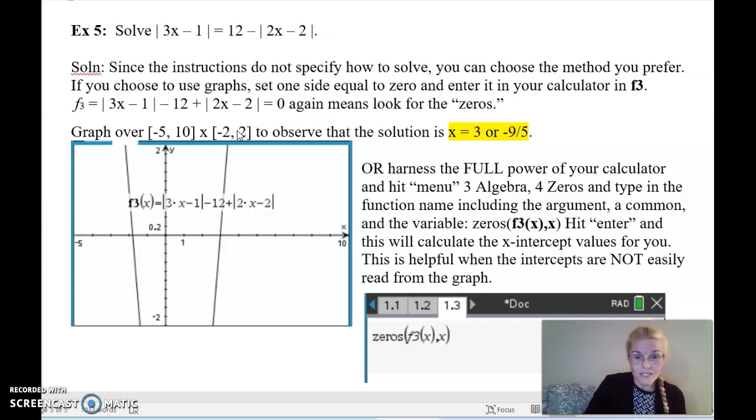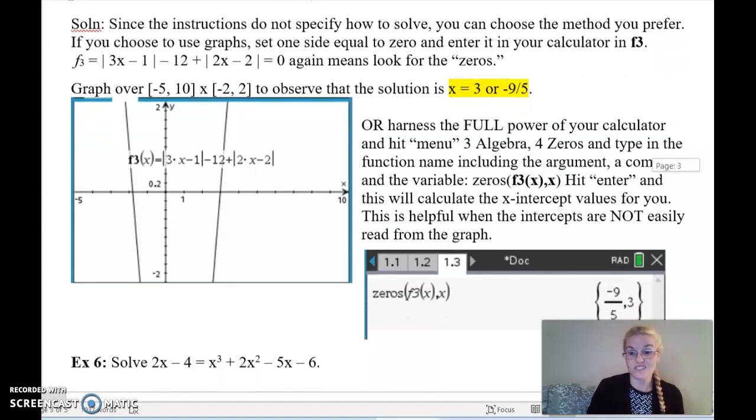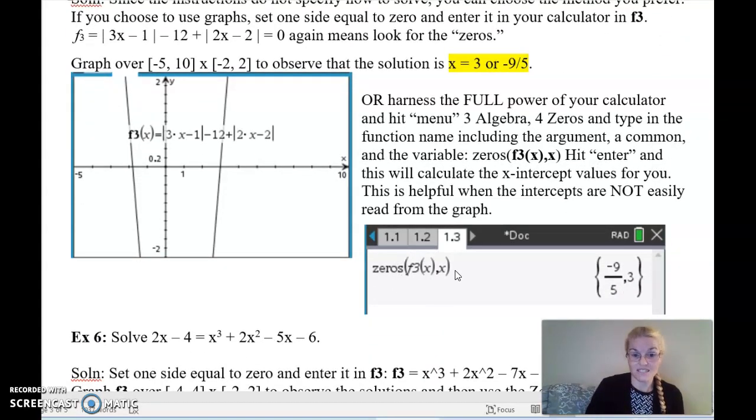So go ahead and zoom in. And so here's 0. There's 1, 2, 3. It definitely looks like it has 3 as a solution. And then how do you know that it's negative 9/5? So to harness the full power of your calculator, I went ahead and used the zeros operation.